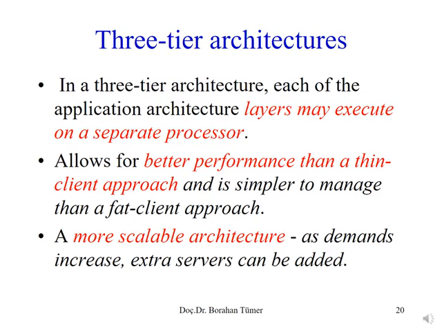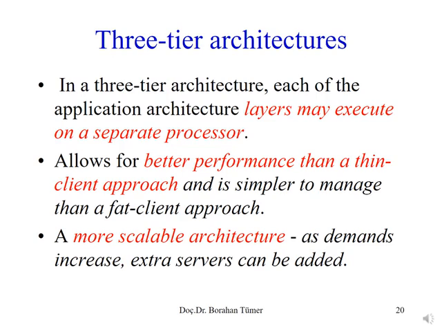This question and this idea bring us to the concept of three-tier architectures. In a three-tier architecture, each of the application architecture layers may execute on a separate processor. Three-tier architectures allow for better performance than a thin client approach, and they are simpler to manage than a fat client approach. They also are a more scalable architecture.